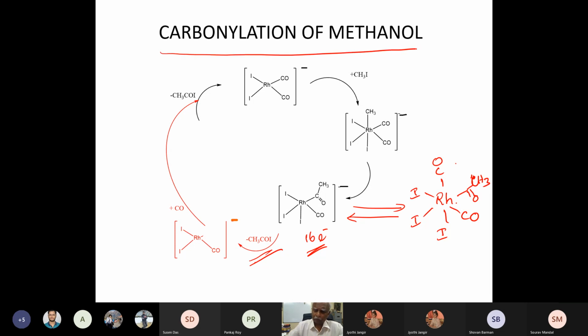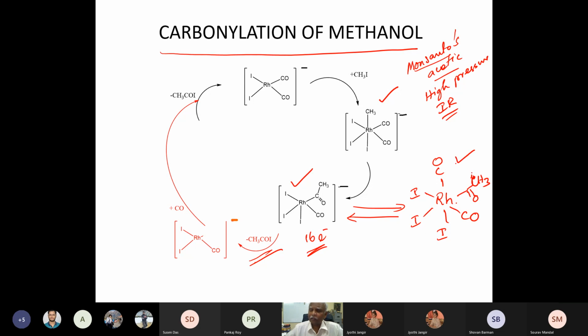So the carbonylation of methanol through the Monsanto acetic acid process was in fact deduced primarily from high pressure IR studies, and these studies provided sufficient proof for the intermediacy of species like this, or like this I should say.